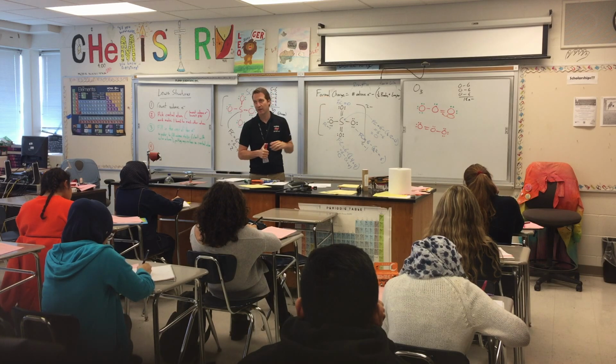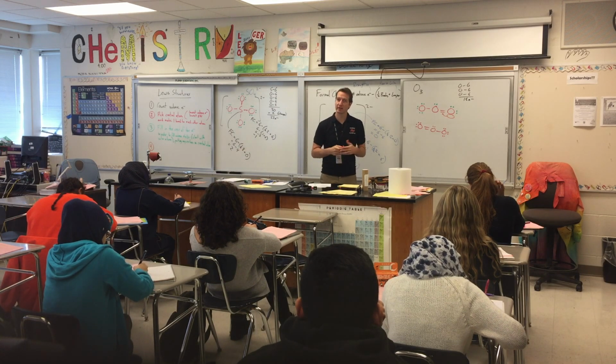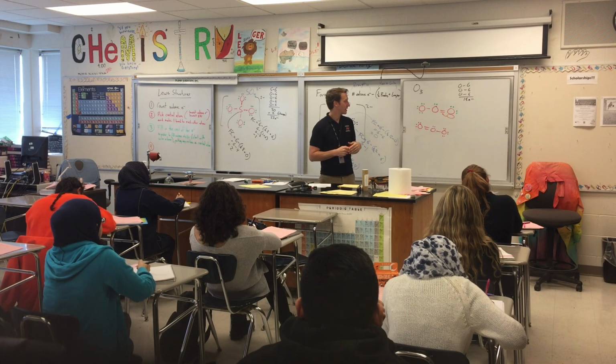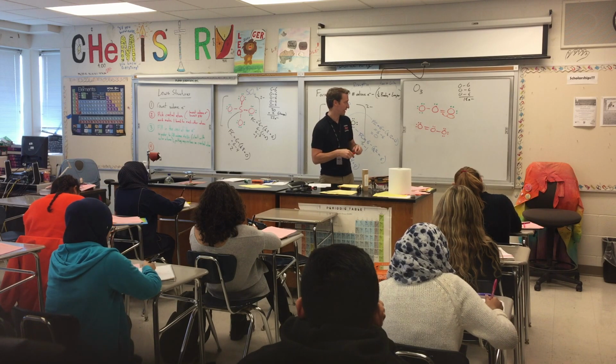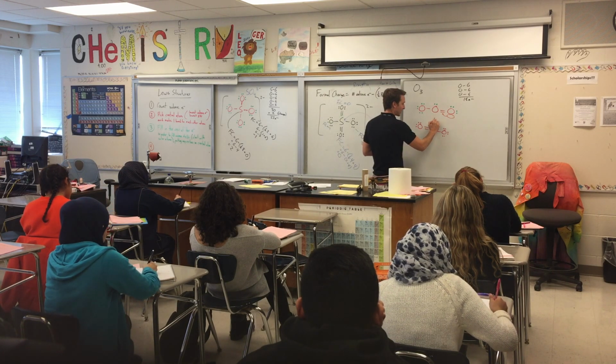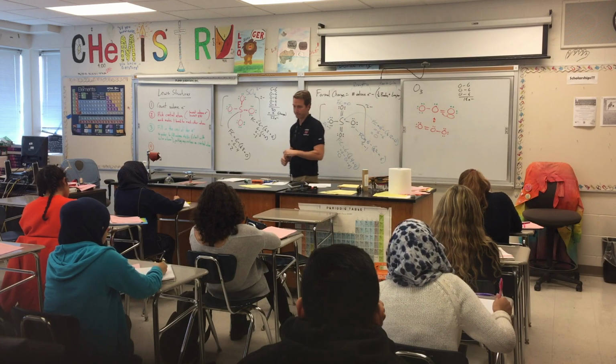These are called resonance structures. These are the two different possible ways of showing the Lewis structure that are both necessary to actually explain the bonding. Now, sometimes when we draw resonance structures, we draw a little double-sided arrow like this.